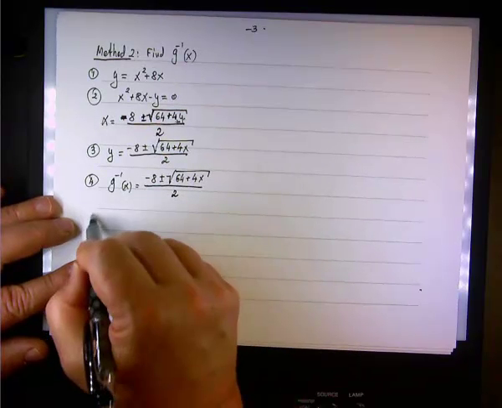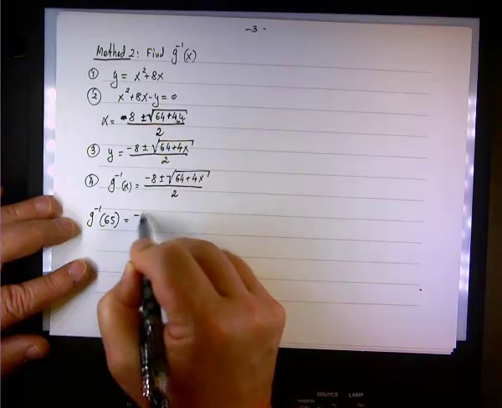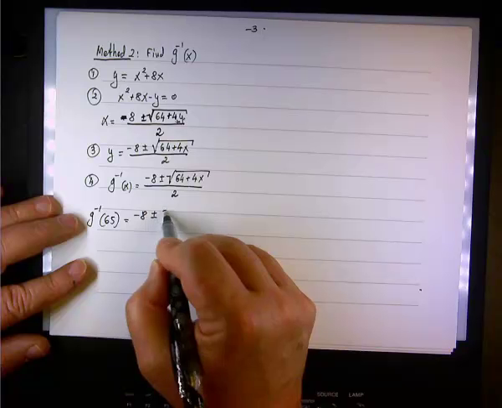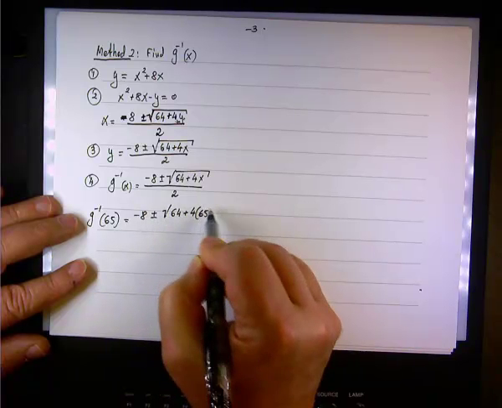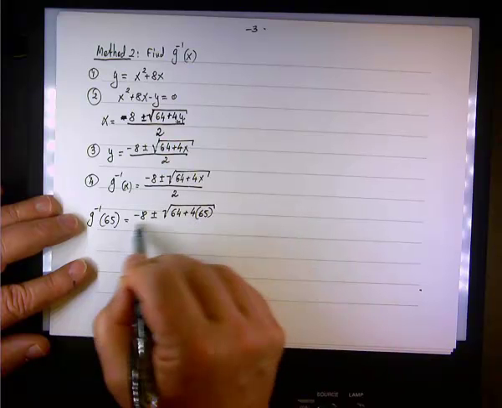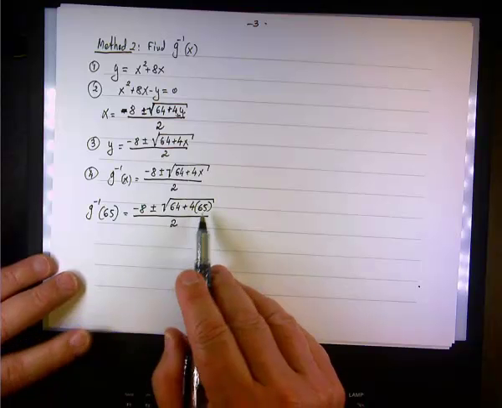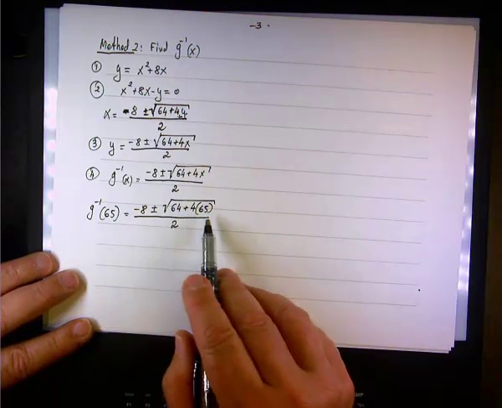Now we apply it when the input equals 65: negative 8 plus or minus the square root of 64 plus 4 times 65. Let's see. 4 times 60 is 240, 4 times 5 is 20, so 260, and 64 makes 324.